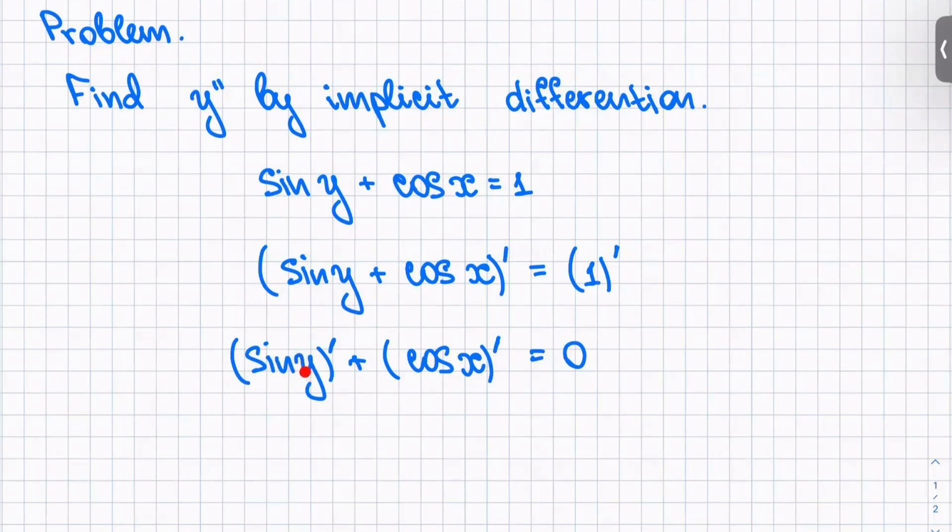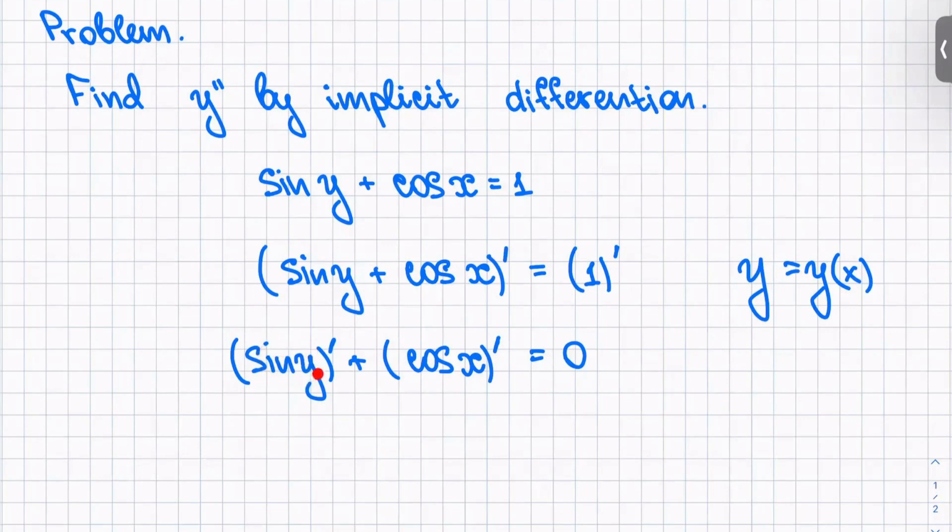But y here is not a variable, dear students, and that is very important to understand. y is not a variable, y is a function, a function which depends on x. So here, sine y is exactly the composition of two functions: the function sine with the function y.